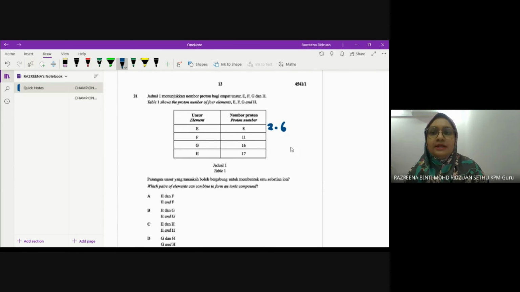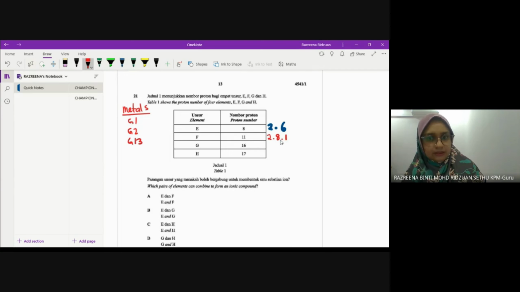Group 16, they are non-metal. Metals are only group 1, group 2, and group 13. Please remember, metals come from group 1, group 2, and group 13 only, that they will ask in the chemical bond. So the rest are non-metal. Next is 2, 8, 1.